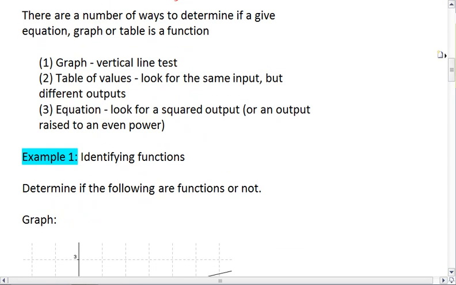So in this first example, I want you to determine if what is given below is a function, and you will see this in equation, graph, and table form. First, we'll talk about graph. And for a graph, we want to try doing the vertical line test.